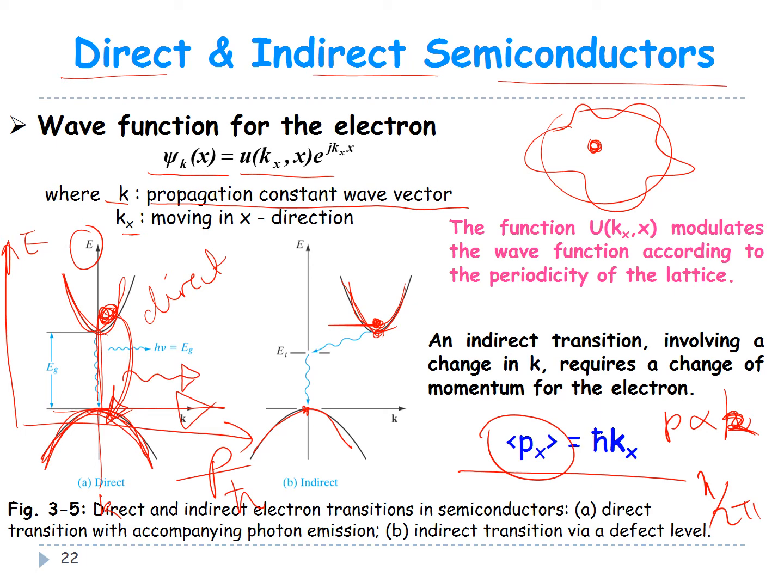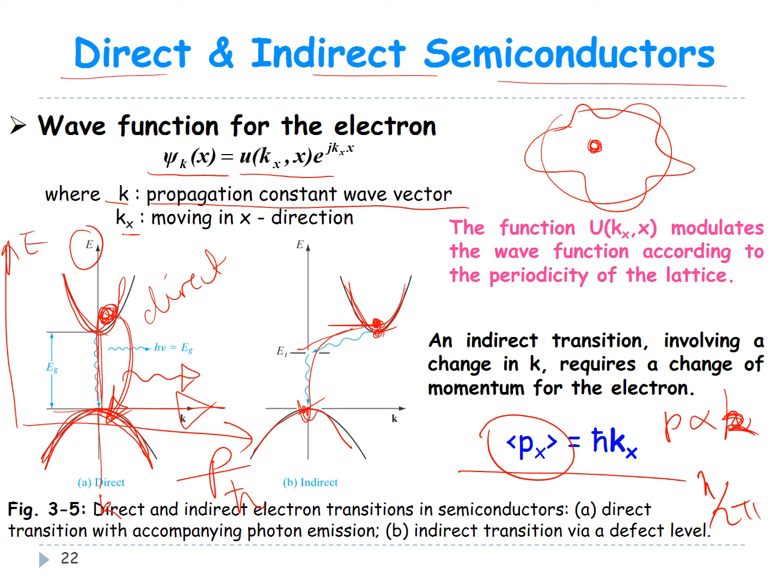But most of the energy that the electron loses as it falls to the valence band in an indirect semiconductor is given off as heat, because it has to do so via trap states. That's the main difference between direct and indirect semiconductors.